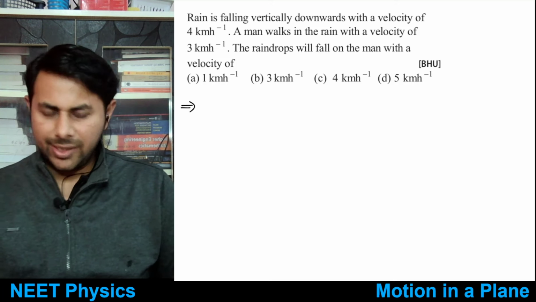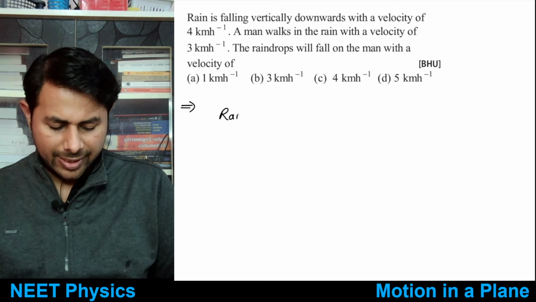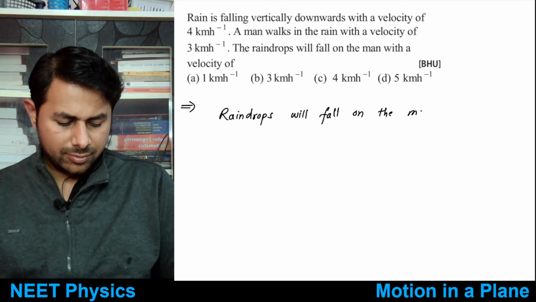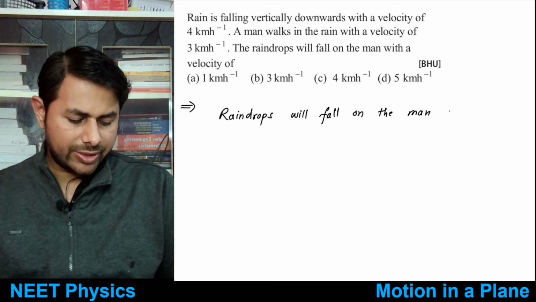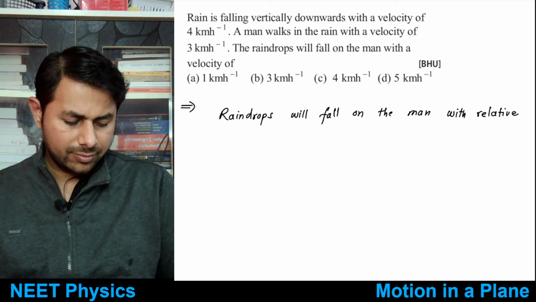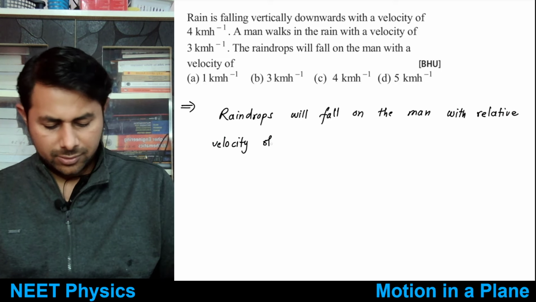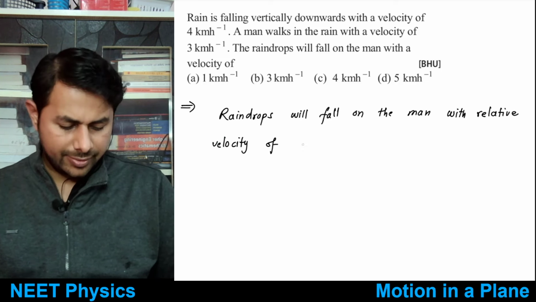Okay, so see, raindrops will fall on the man with relative velocity, of the rain with respect to man.